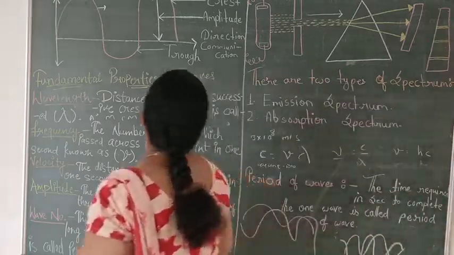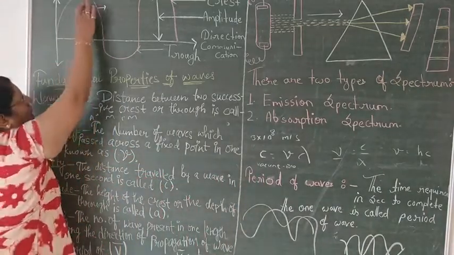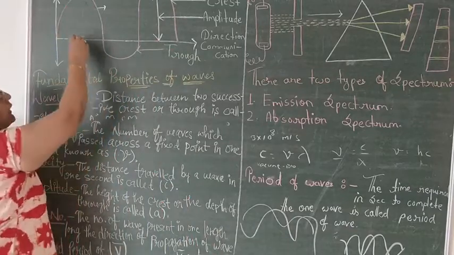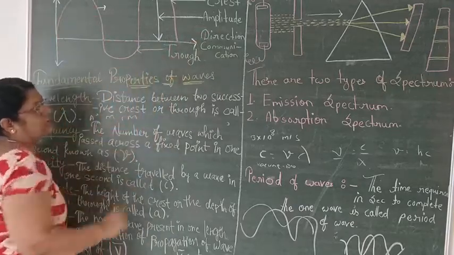In case of amplitude, we should know that the wave is moving in two portions. The highest portion is known as crest and the lowest one is known as trough.